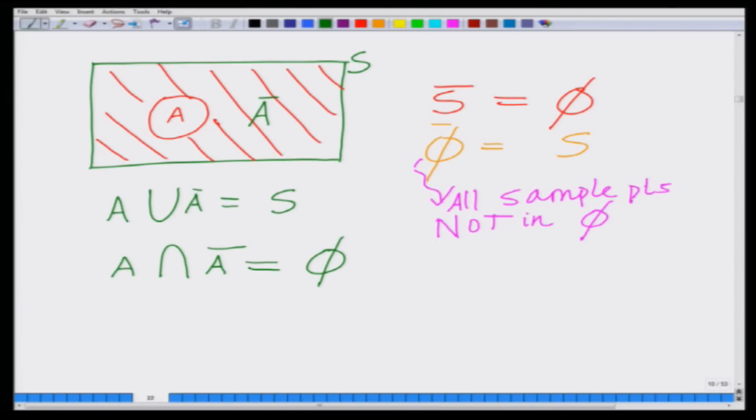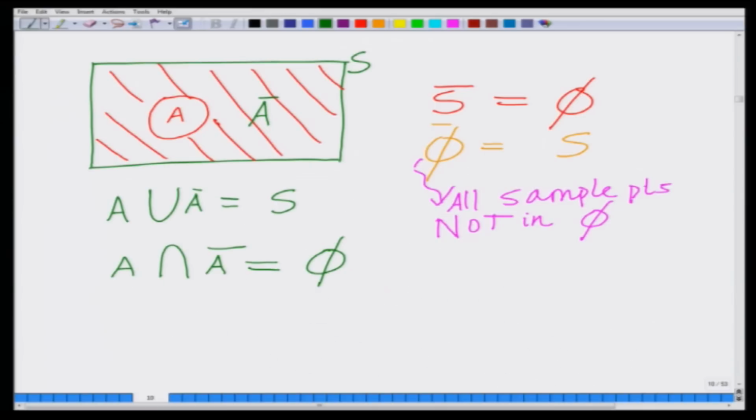A union A complement is equal to the sample space S. At the same time, A intersection A complement is the empty set phi, because A and A complement do not have any sample points in common.